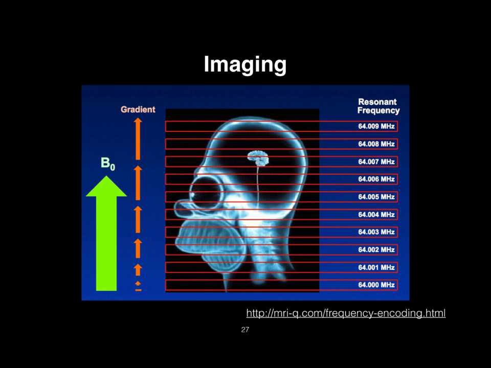And if Homer had a slightly more substantial brain and we wanted to get a different slab, then we would excite the slab here. So this is actually what happens normally in our subjects. When you do a 2D slice excitation experiment, you get your different slices by having this gradient on and then transmitting very slightly different frequencies that resonate with the tissue at that space. Okay. So this is what we call slice excitation.